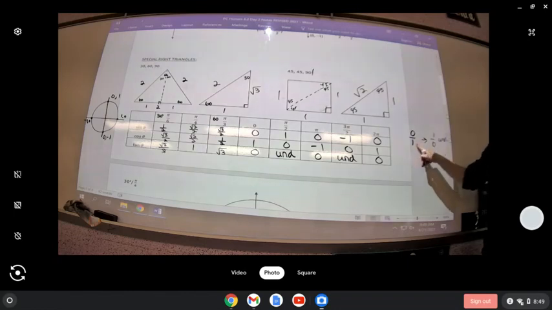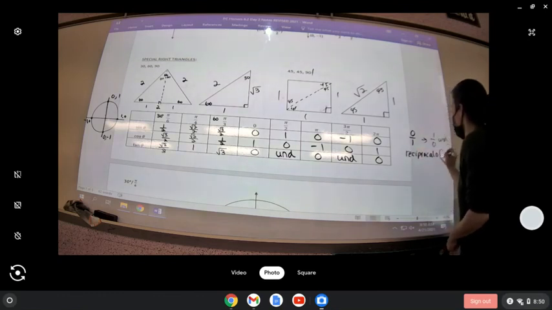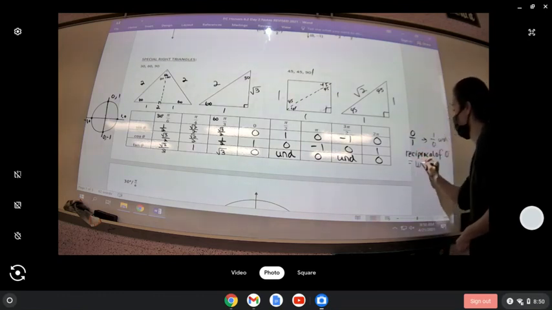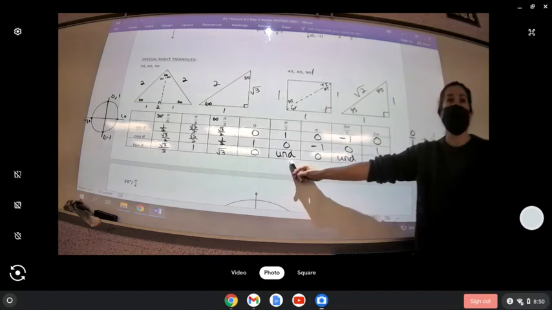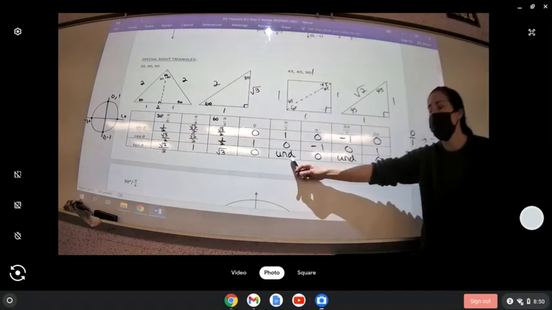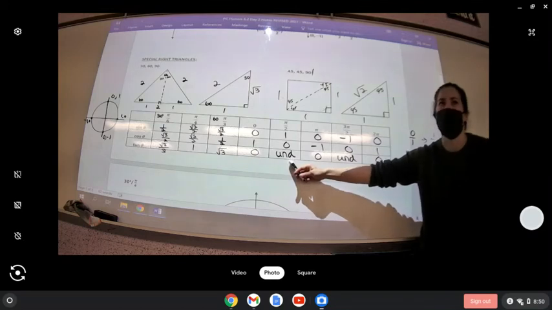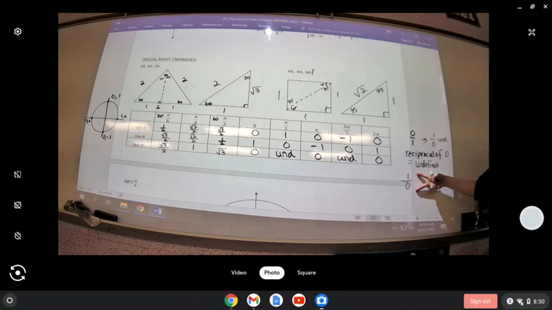So the reciprocal of 0 is undefined. And then let's say the tangent of pi over 2 was undefined. So the cotangent of pi over 2 is the reciprocal of undefined. So now you would have 1 over 0. So what's the reciprocal of an undefined? 0.